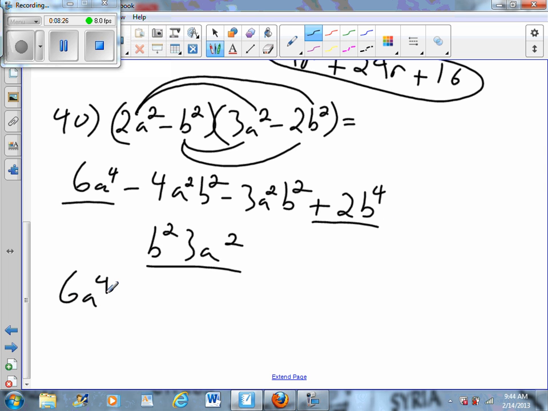Now, we have to combine our like terms. 6a to the fourth. Under the order of operations, we're talking about subtraction here. Two negatives, when you're combining them together, you're going to get a bigger negative. You're not multiplying here. You're basically adding two negatives together. So that should be minus 7a squared b squared.